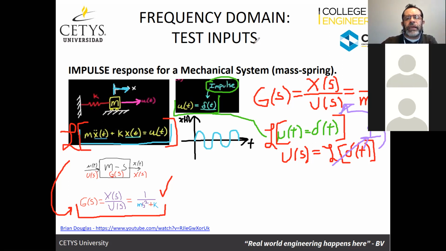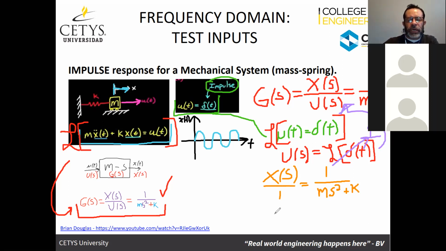And what we're going to get is the following. I'm going to write that down in a different color. We're going to have X of s divided by 1 is equal to 1 divided by ms squared plus k.